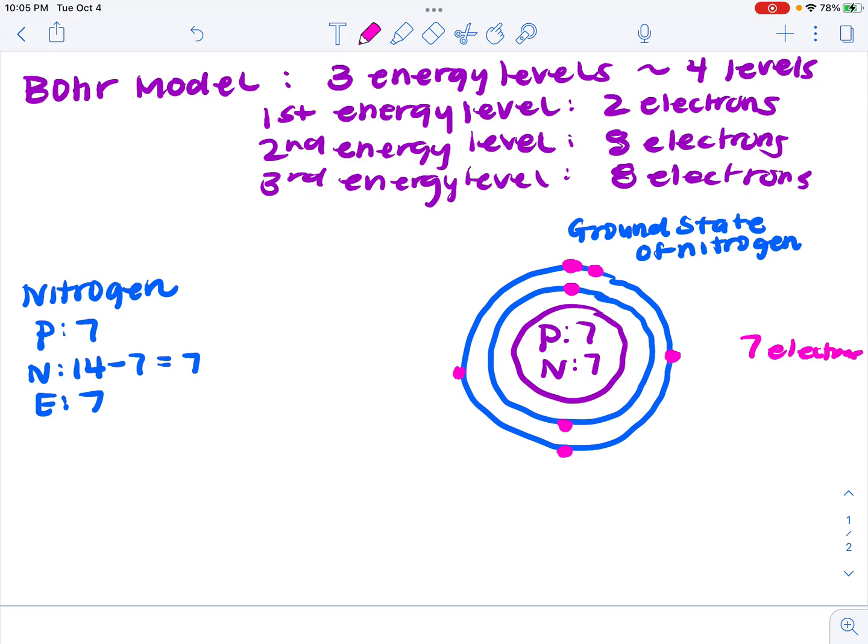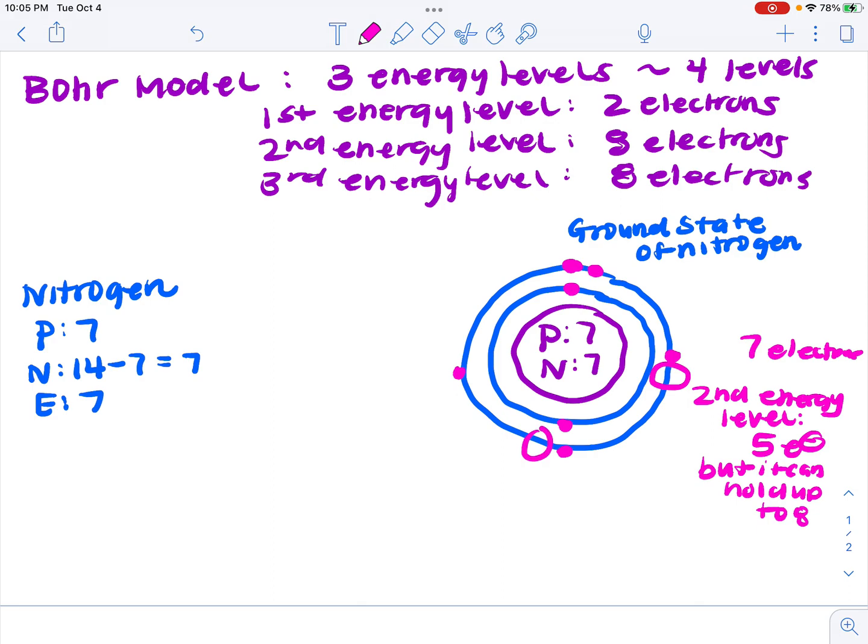Now, if we notice in our Bohr model, our second energy level only has 5 electrons, but it can hold up to 8. So what's going on in these little empty pockets here?